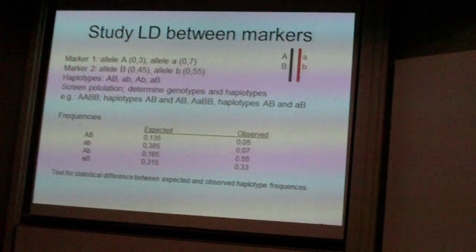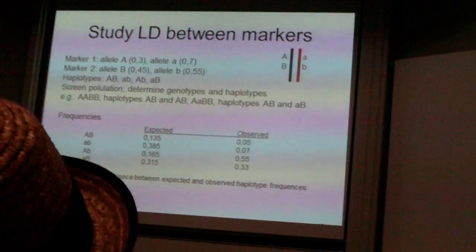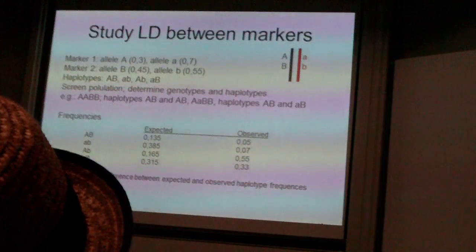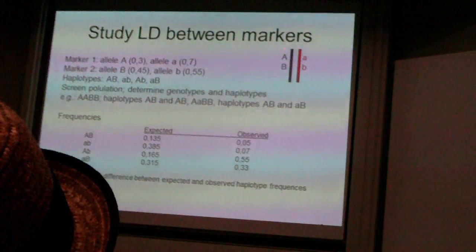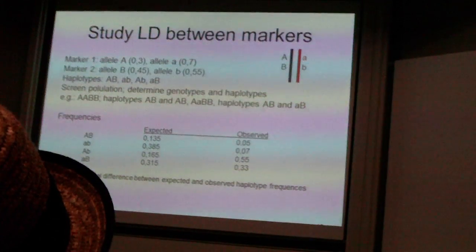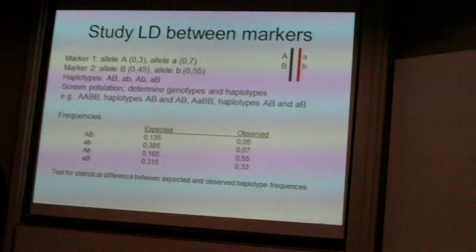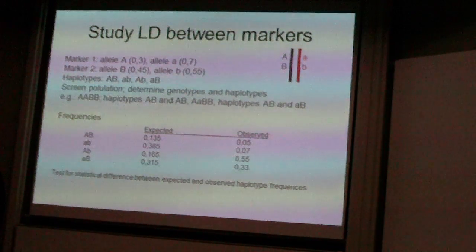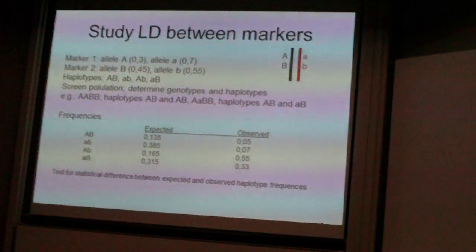And then you can take a group of individuals. Let's say you screen 500 randomly selected individuals, and you genotype them. So you will determine whether they have this allele or that allele on one side of the chromosome and the other alleles on the other side of the chromosome. So you will genotype all the individuals in your population.